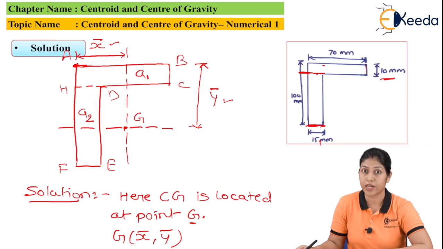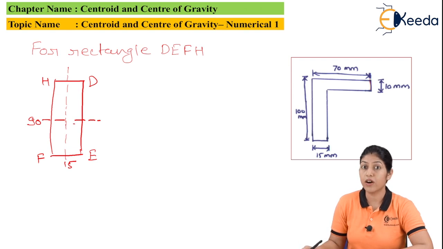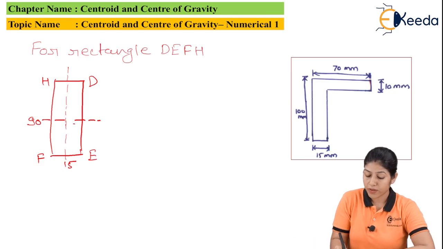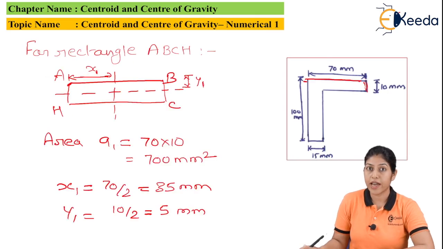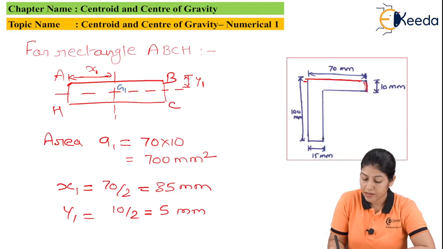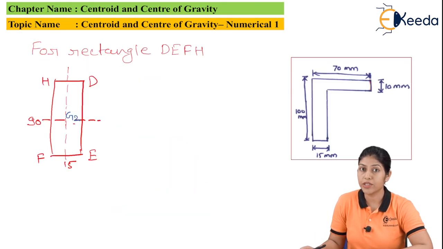So we will use these dimensions to find out the value of CG for this particular rectangle DEFH. So this is our rectangle DEFH, and here we will find out the location of the centroid for this rectangle. We mark this centroid as G2. For the first rectangle, G1 is considered as the centroid, so X1 and Y1 are the coordinates for the centroid G1.